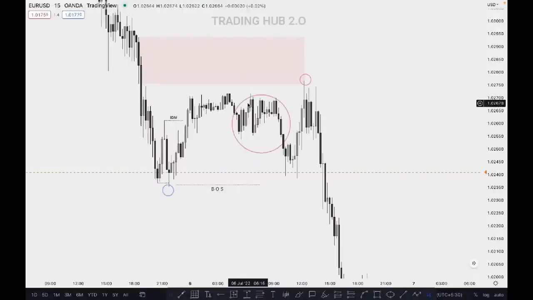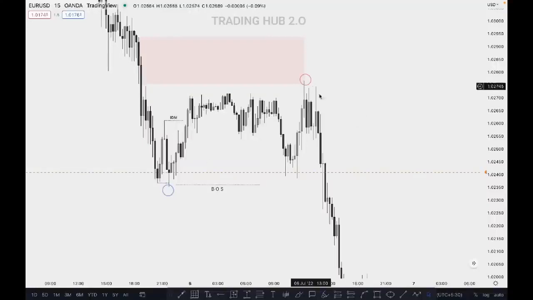There is no reason to move to the M1 here. Some people do the wrong thing: they think the market is bearish and anticipate price pushing downside, but they randomly look for a sell here, switch into the M1 chart, and try to sell for the short term. The first process is to mark the correct high or low in the major time frame, which is M15, and then wait for the break of structure and change of character.